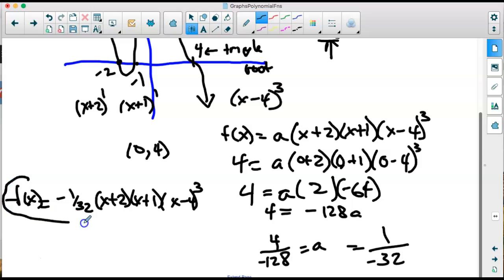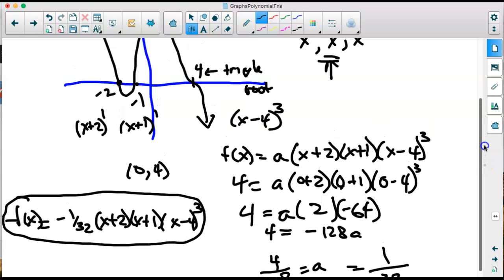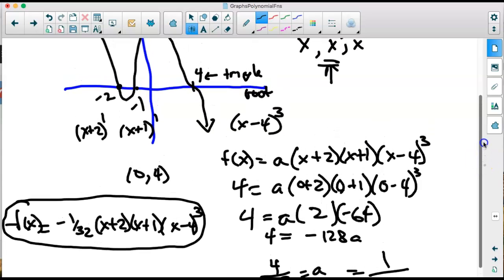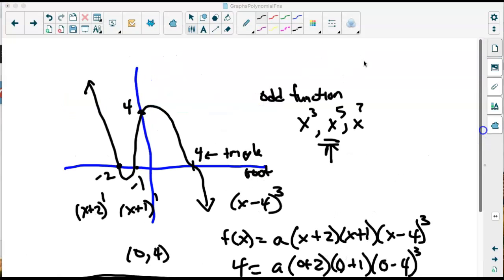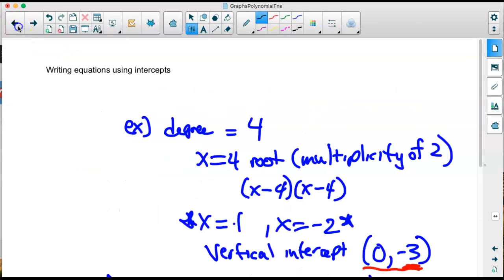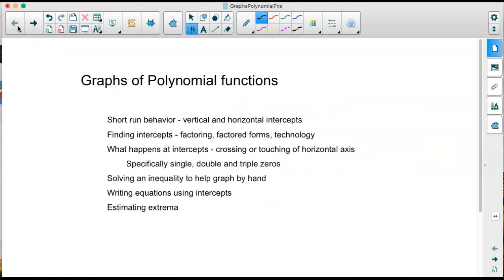That's our function for this graph. Now if we multiply it all out, we get a long polynomial function with x to the 5ths, x to the 4ths, x to the 3rds, x squareds, x's, and constants. Okay, so that's what's going to happen here in this section of polynomial graphs.